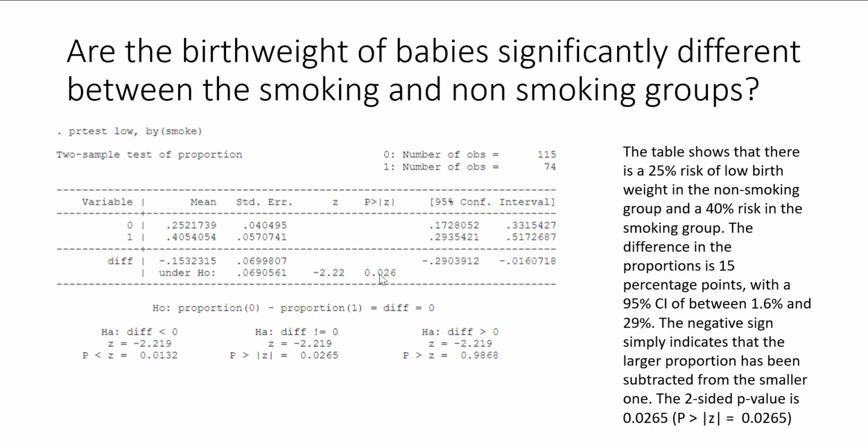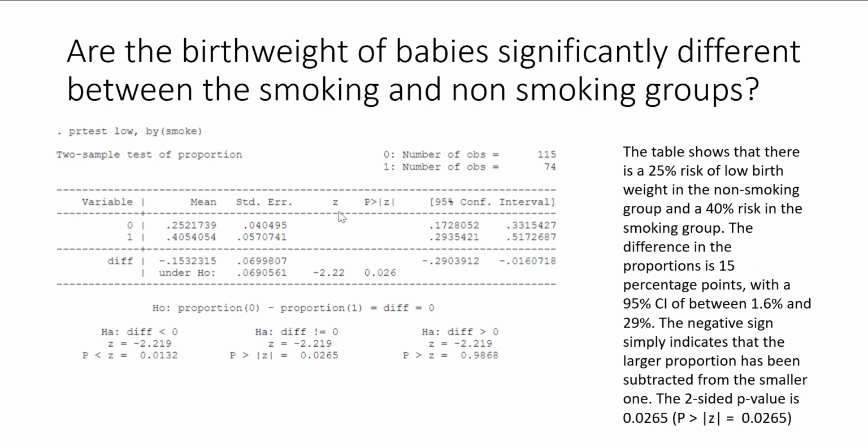The rule of thumb is that when the p-value is less than 0.05, that is 5%, then the result is significant. So here it is 0.02, that is 2%. All right, so that means this result is significant. Okay, so this is the interpretation.